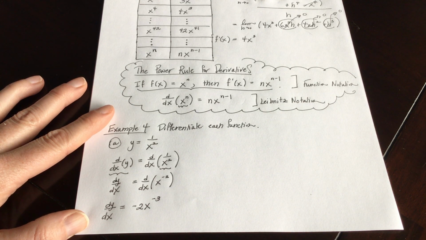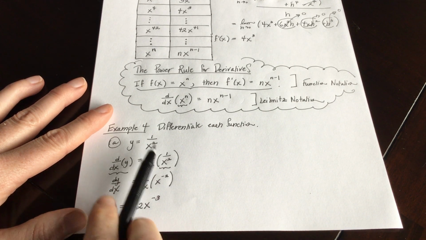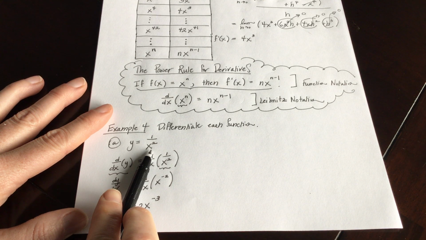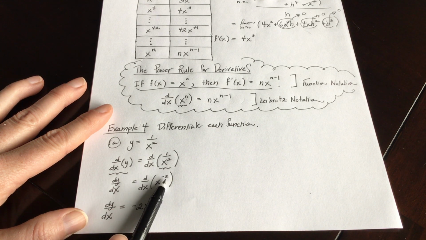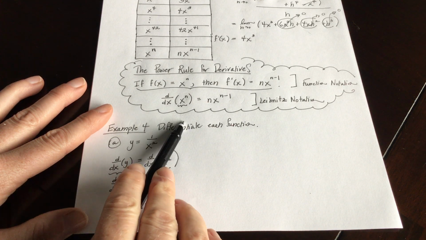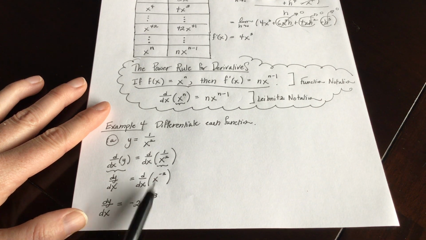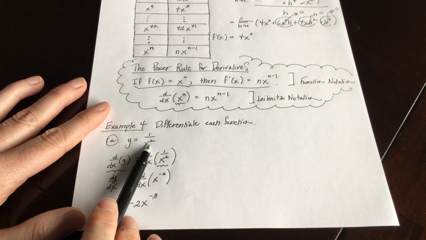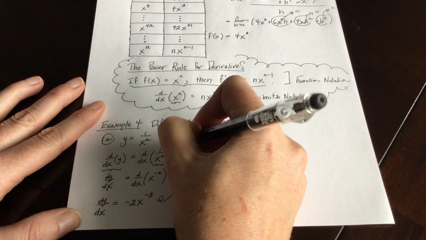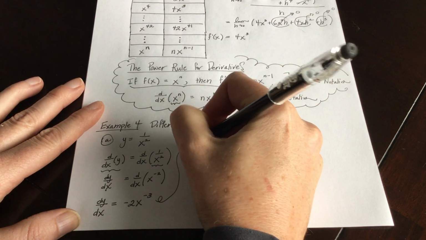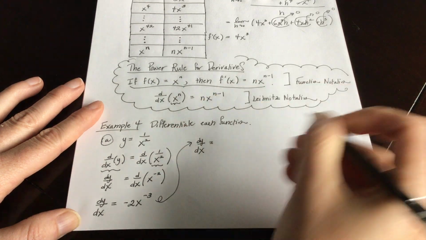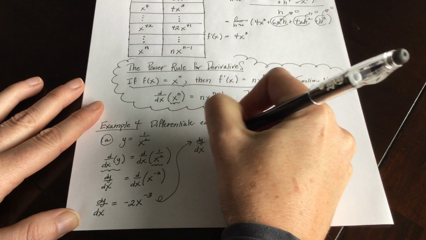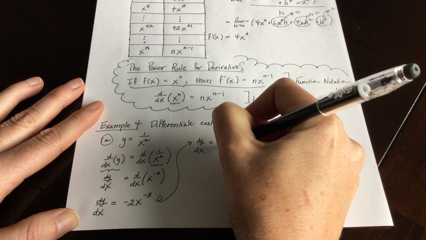Now, a little twist that some people don't expect: since the original problem was not written in negative exponents, we turned it into negative exponents so we could use the rule we like on it. Your final answer should actually be written back in the convention of the form that it was in originally. So the answer that you would want to make sure you can write it in is negative 2 over x cubed.